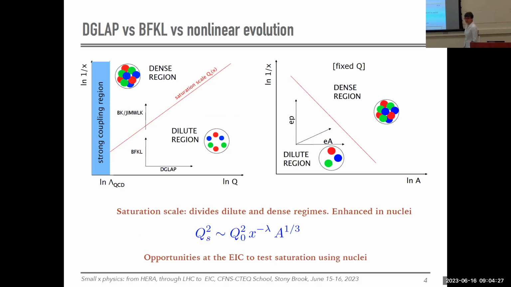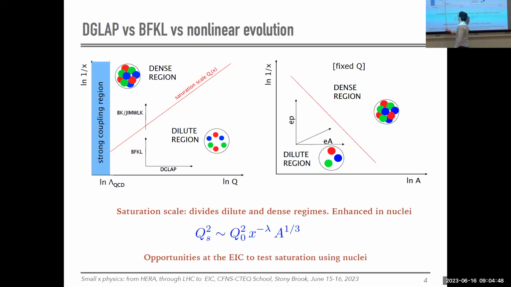So this is the evolution plane, and Raju was talking about the same plane, but he flipped the axes. His x-axis was here and Q was here. Everybody has a favorite way of presenting the same plot, but the content is the following.